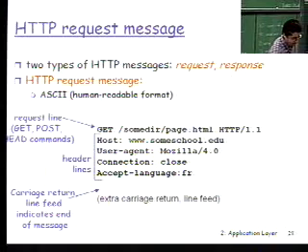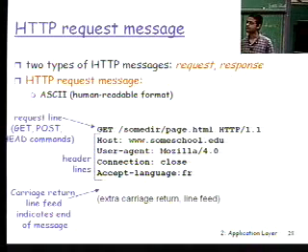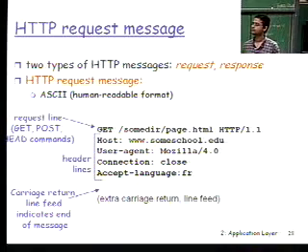So you have the method, the URL and the version. The version is very important. The server has to know what version of HTTP the client understands.